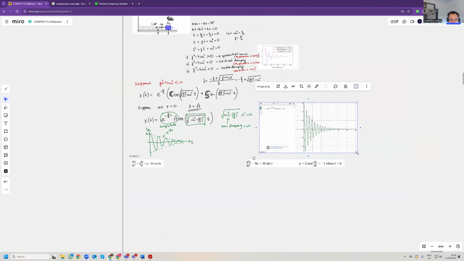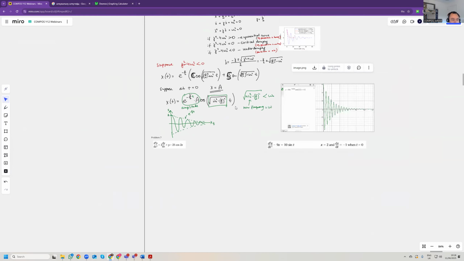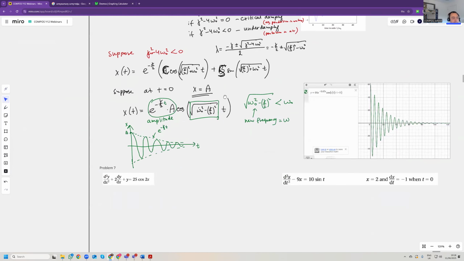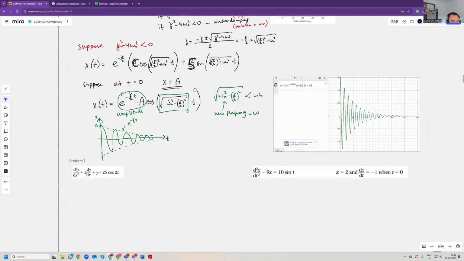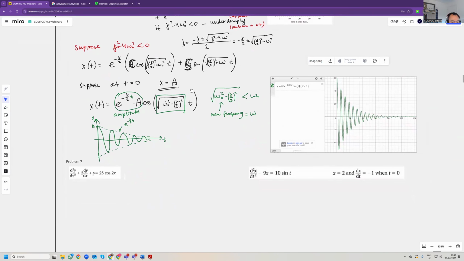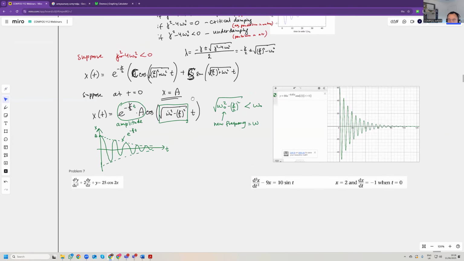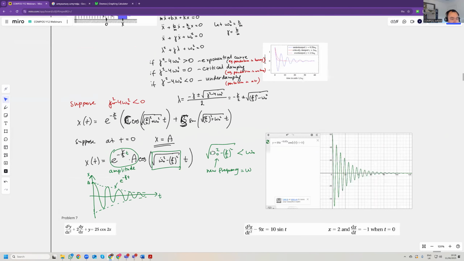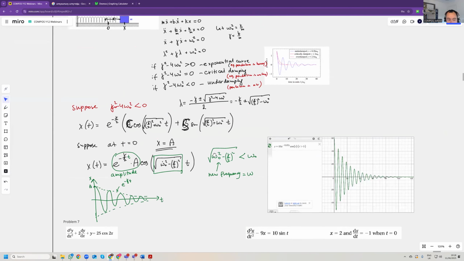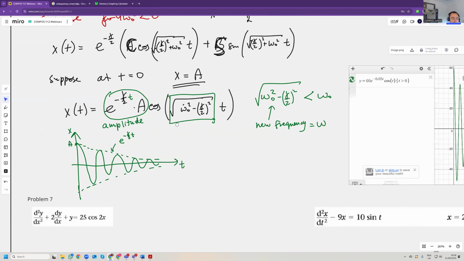This is a damped oscillator. Okay. Now, the difference, yeah.